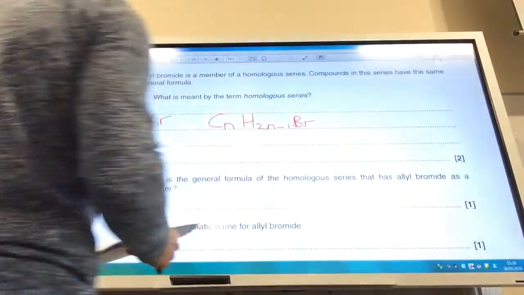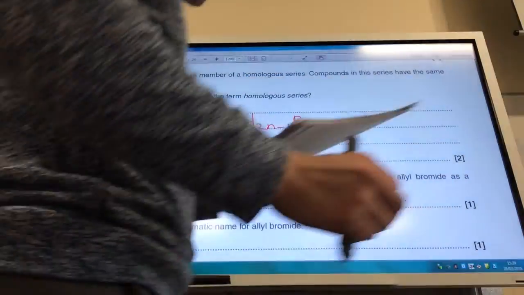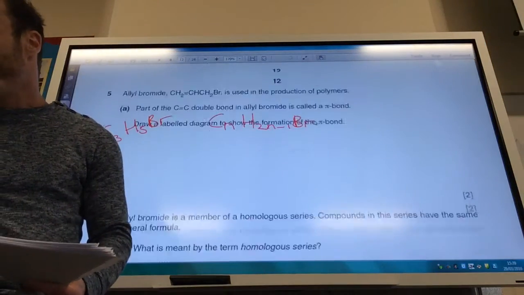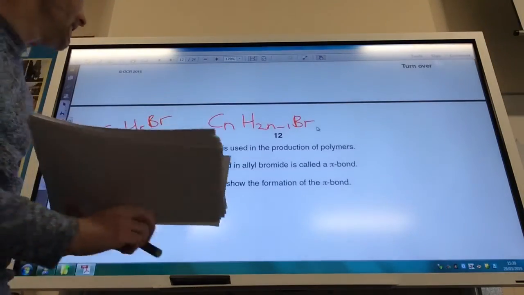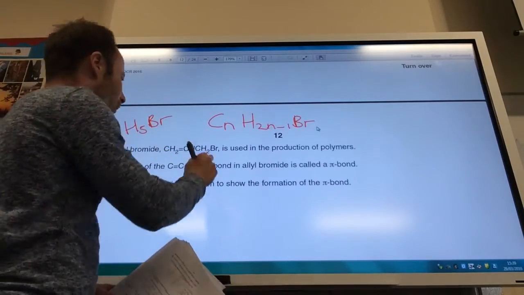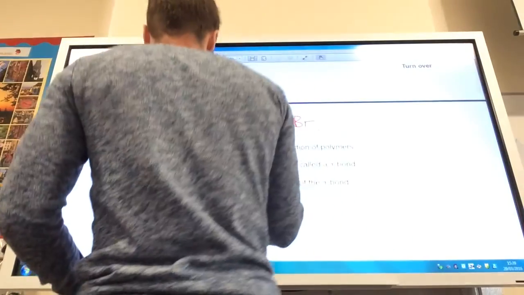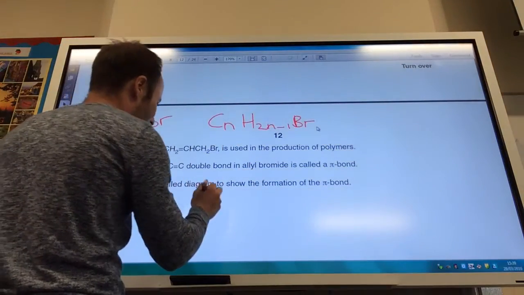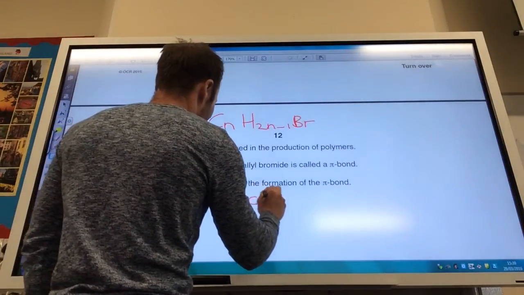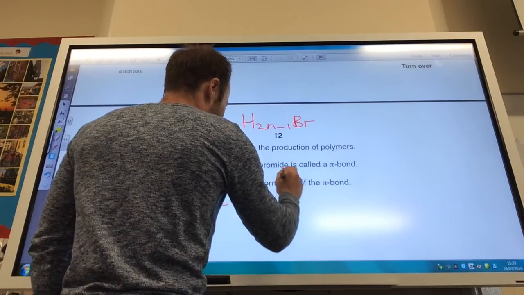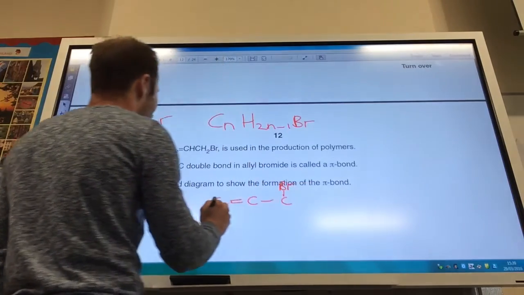Give the systematic name for allyl bromide. Let's go back and have a look at him. So there he is. You've got 1, 2, 3 carbons there, so it's going to be propene. Shall we draw him out? I've got 1, 2, 3, and then I've got a Br coming off there.